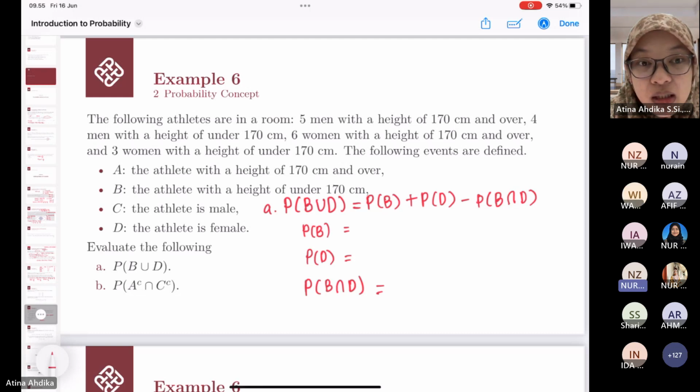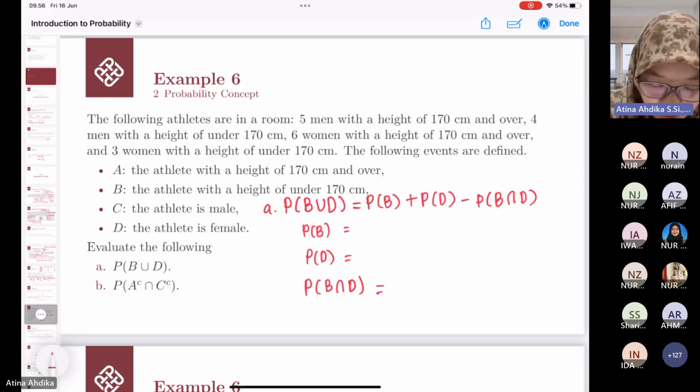7/18. Sorry? 7/18. Can you repeat? Probability of B, yes. 7/18. So let's see, what we want to calculate is the athletes under 170 centimeters.